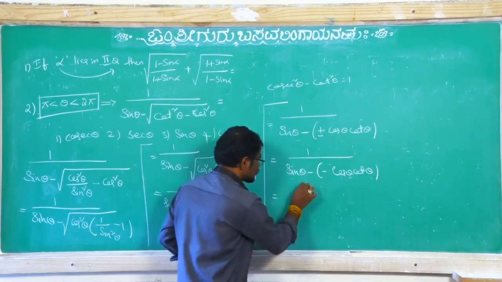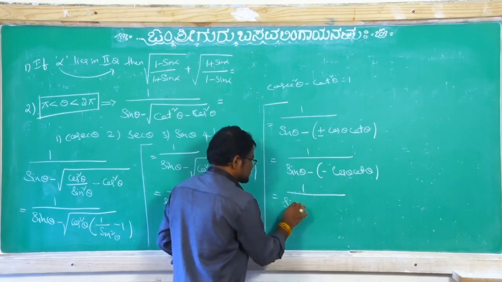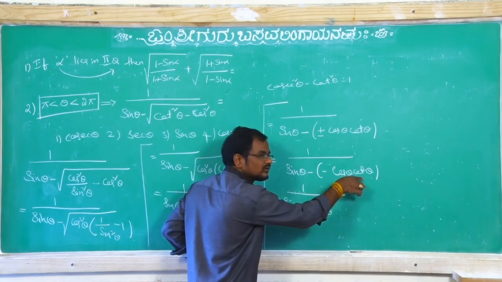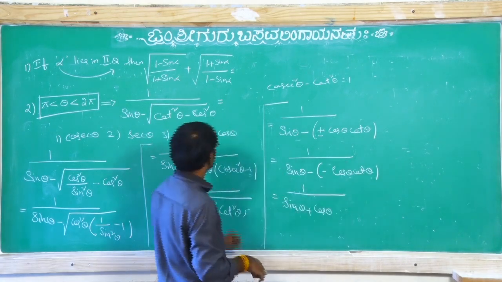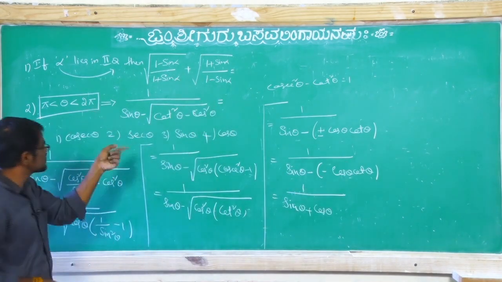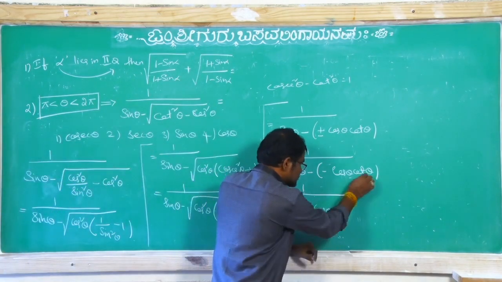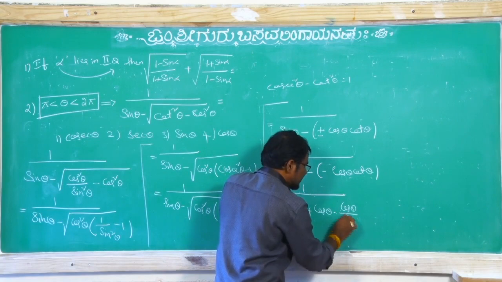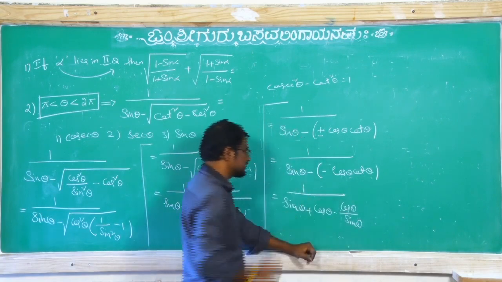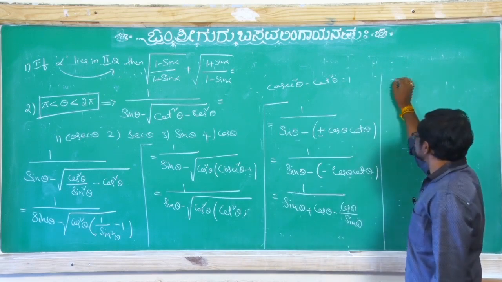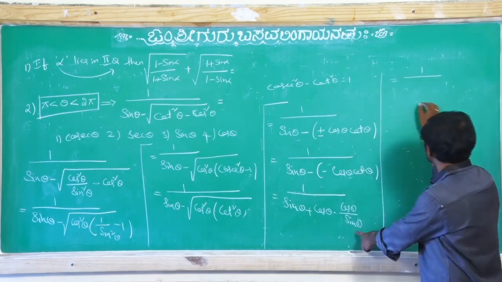Now, that is equal to 1 by sin theta plus cos theta into cot theta, but answer not there. What is the answer in these, anyone? Simplify. So, can you write this cot theta as cos theta by sin theta? Take the LCM in denominator, that is equal to 1 by, what is the LCM?